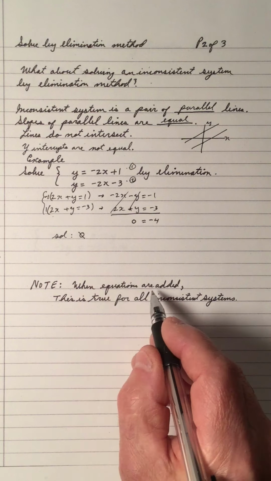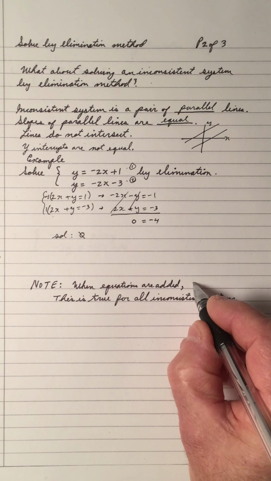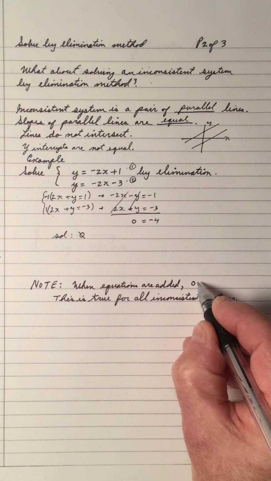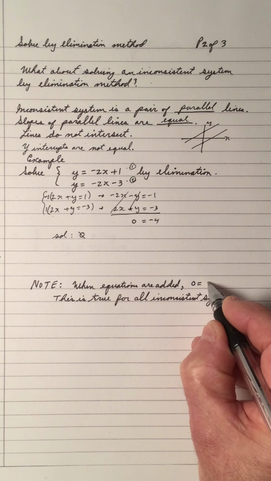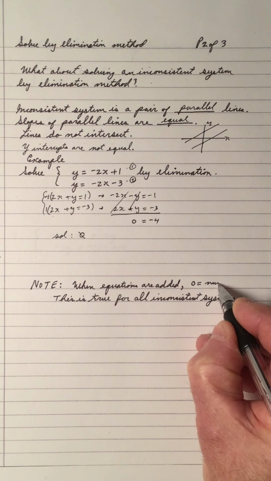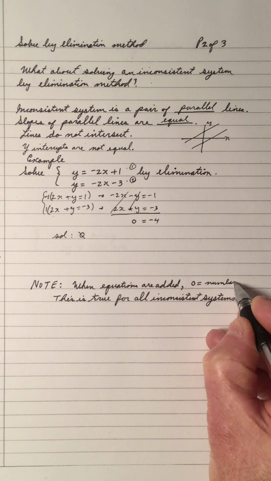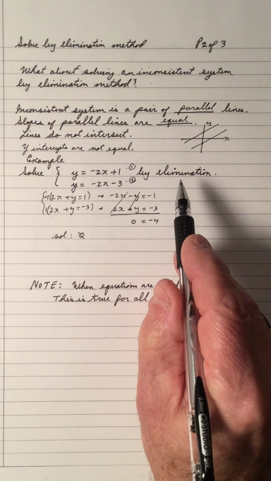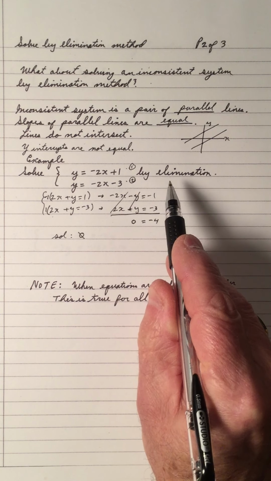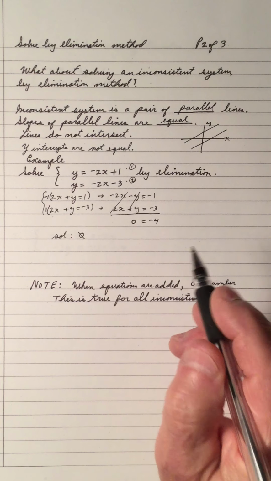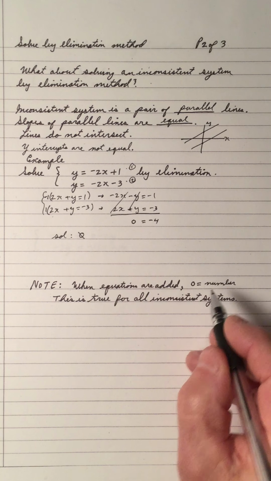So let's take a note. When the equations are added in an inconsistent system, we will get 0 equals some number. When you're solving a system of equations by elimination and they're parallel lines, you will get 0 equals a number.